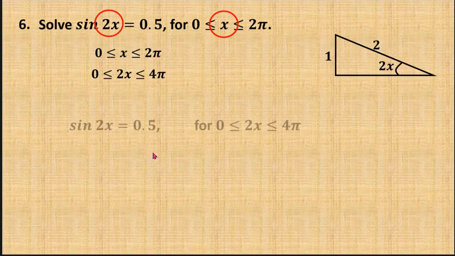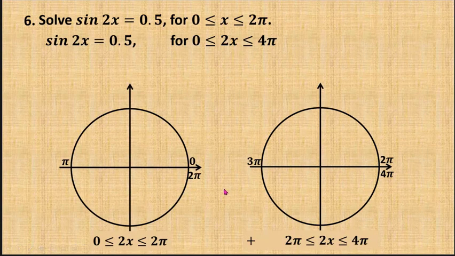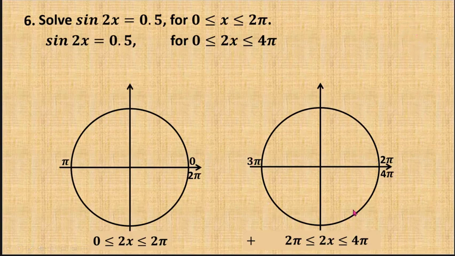Then we got the range of the angle 2x, which is from 0 to 4 pi. Since the range of the angle 2x is from 0 to 4 pi, this means that the range involves two circles, because one circle is equal to 2 pi. The first circle is from 0 to 2 pi, and the second circle is from 2 pi to 4 pi.